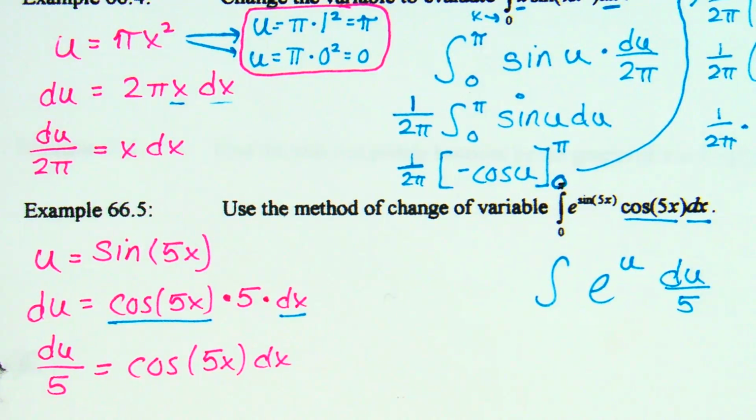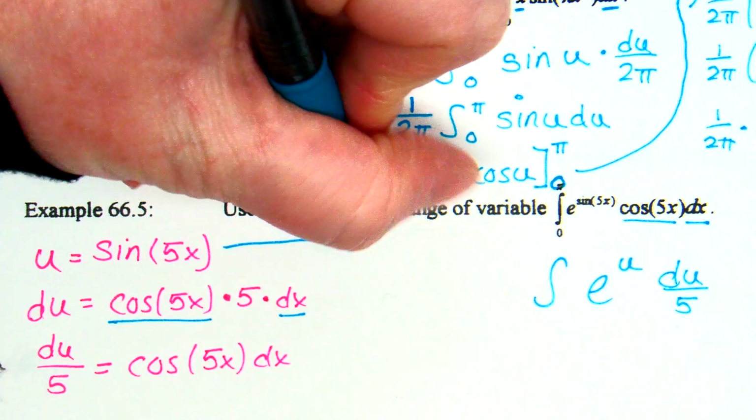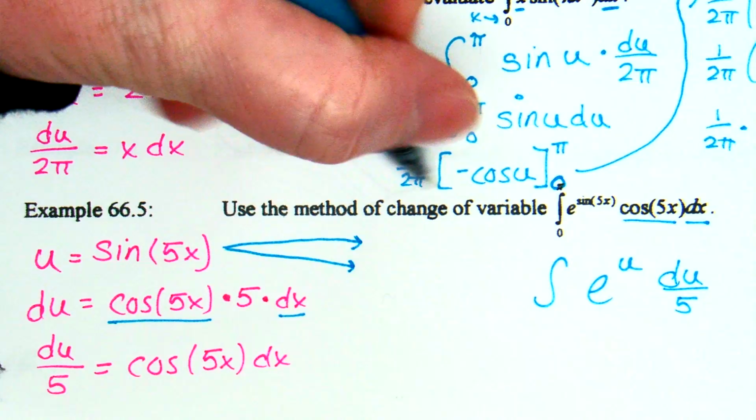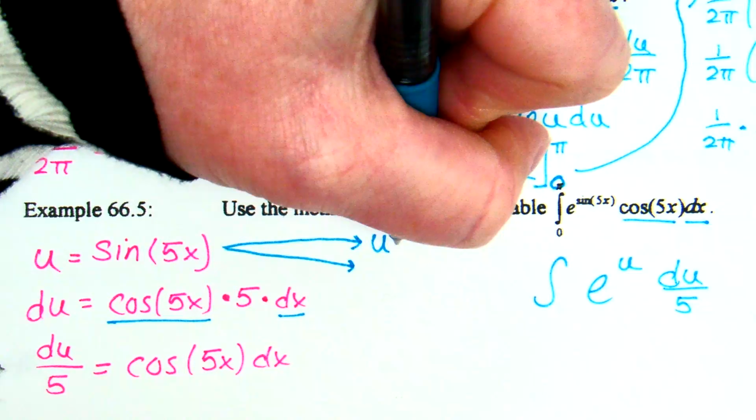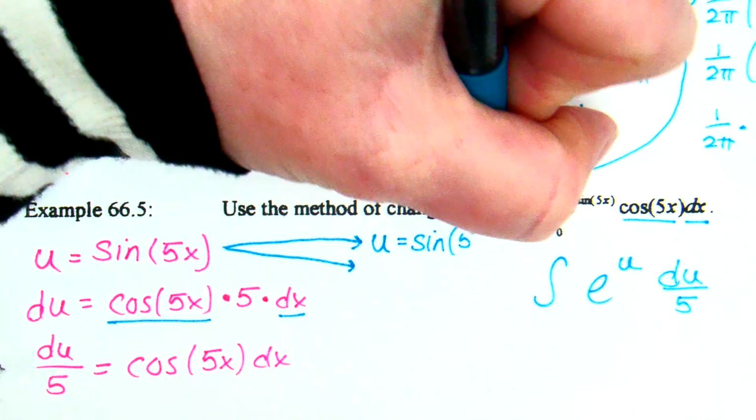Tie it to the sine 5x. Yeah, we need to change our boundaries. So take your current boundaries. If I plug in pi and 0, those are x boundaries. I'm going to change them to u. Sine of 5 times pi.